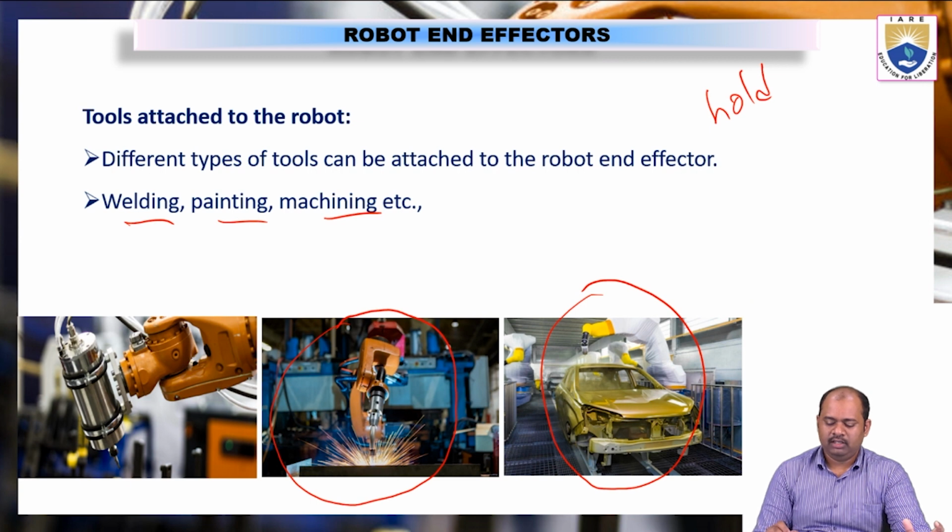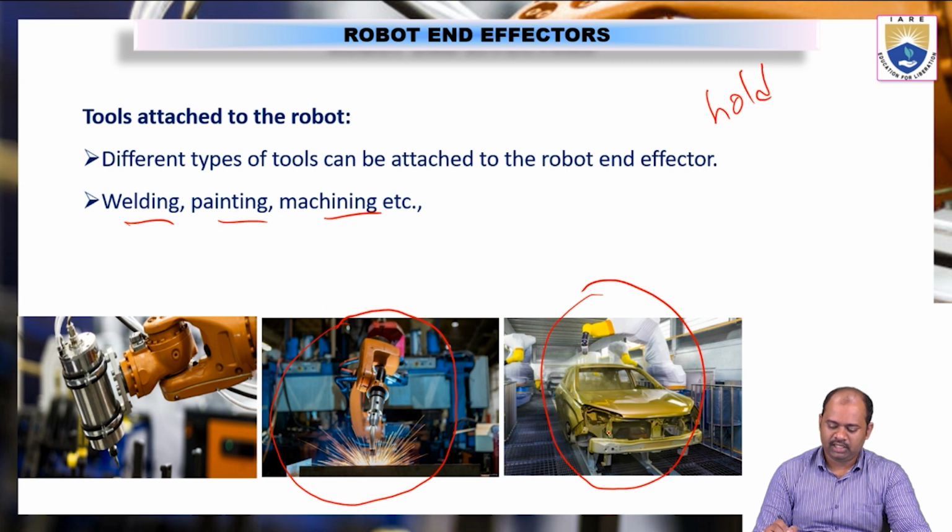In fact, this painting environment is very hazardous to human beings, because a very fine jet of paint will be sprayed on the body. If a human being inhales this paint, it causes very serious medical damage to the human body. That is why nowadays human beings are replaced with robots for painting car bodies. Now see here, the car body is painted with the help of a robot.